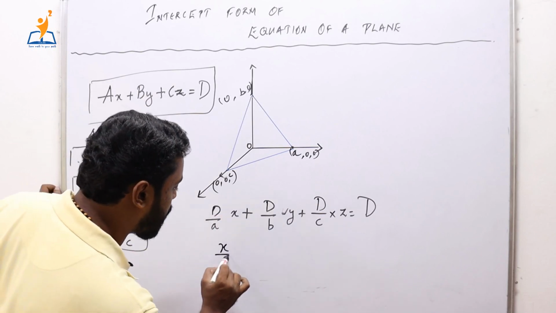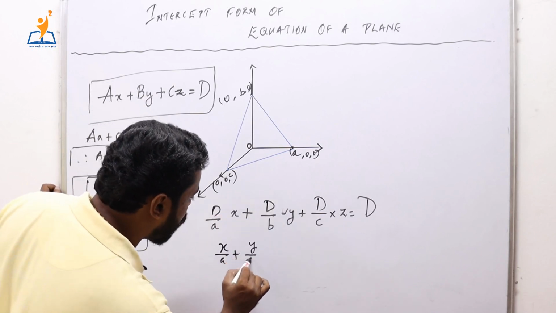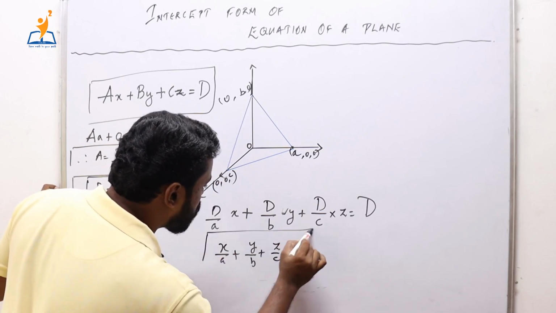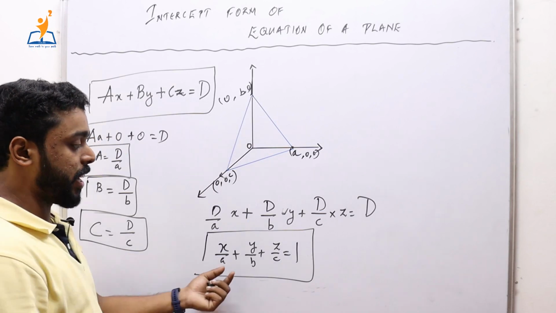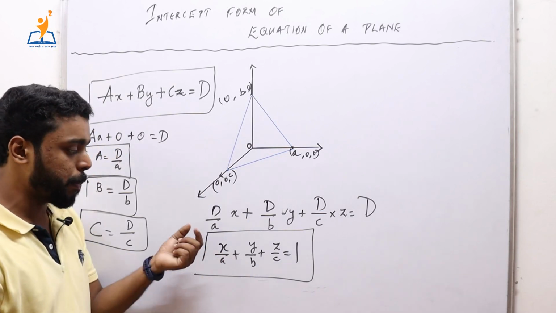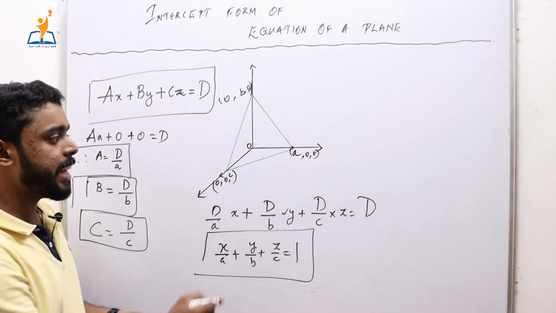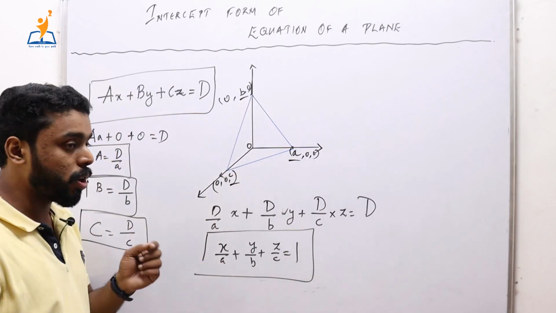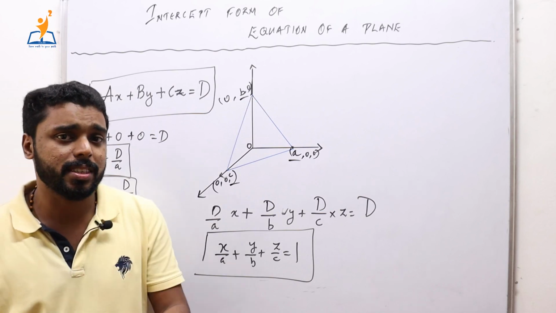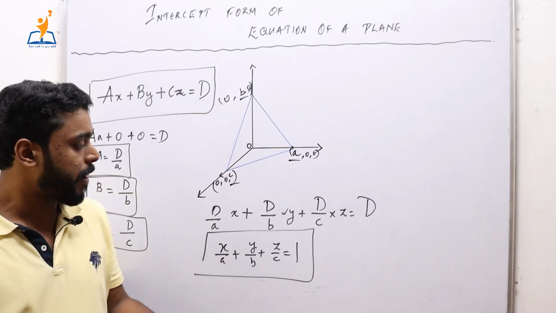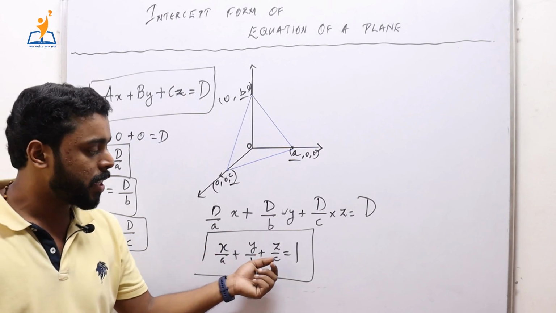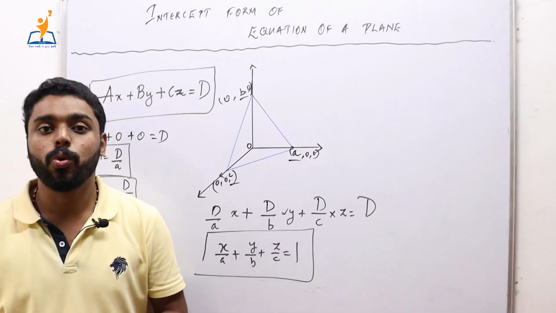So the equation will become x by a plus y by b plus z by c is equal to 1. So this will be the Cartesian equation of the plane which makes intercepts a, b and c respectively. Note that whenever a plane makes the intercepts a, b, c on the respective axes, the equation of the plane will be x by a plus y by b plus z by c is equal to 1.